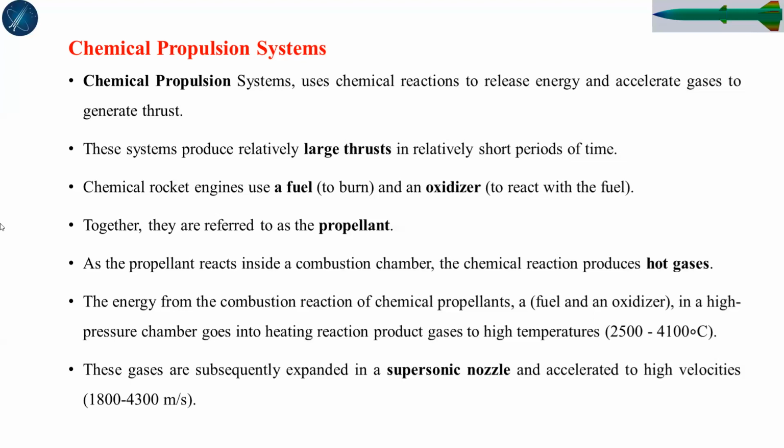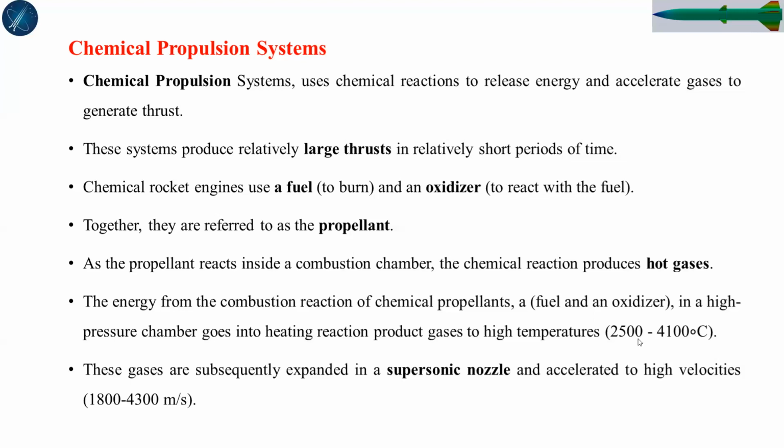As the propellant reacts inside the combustion chamber, the chemical reaction produces hot gas, and the energy from the combustion reactions of the chemical propellant in a high pressure chamber goes into heating the reacting gas to a temperature of 2500 to 4100 degrees centigrade.